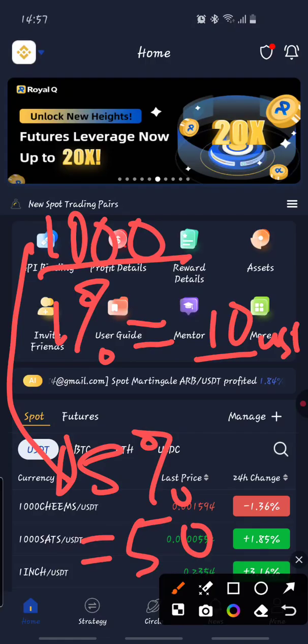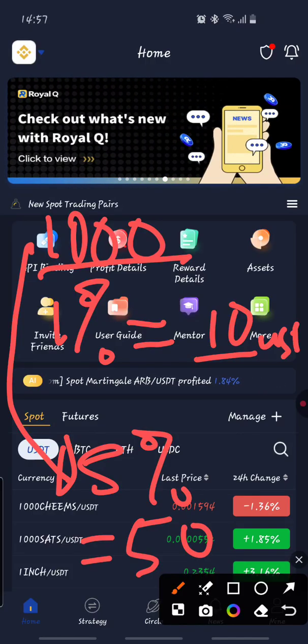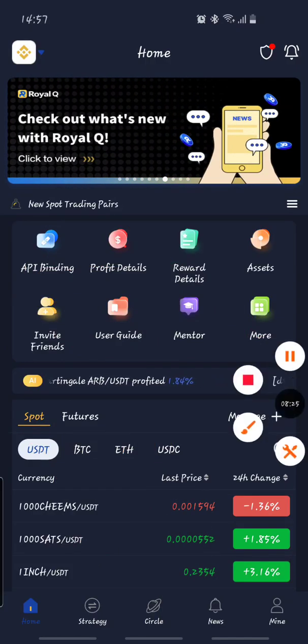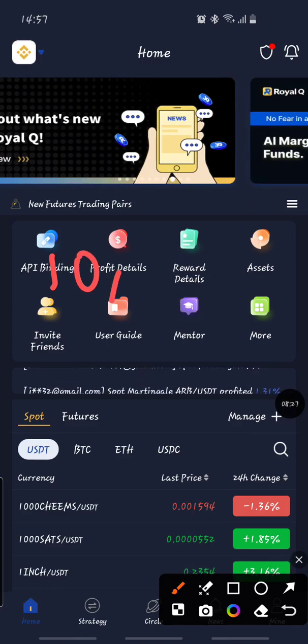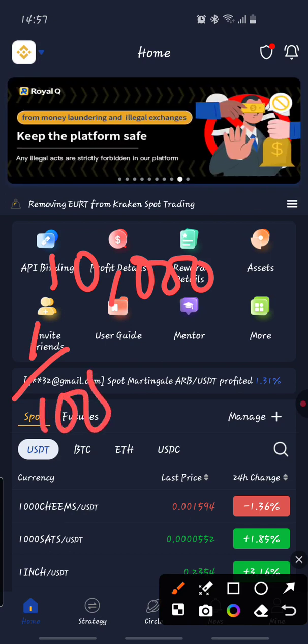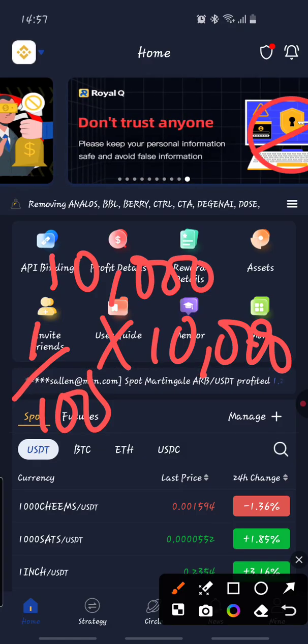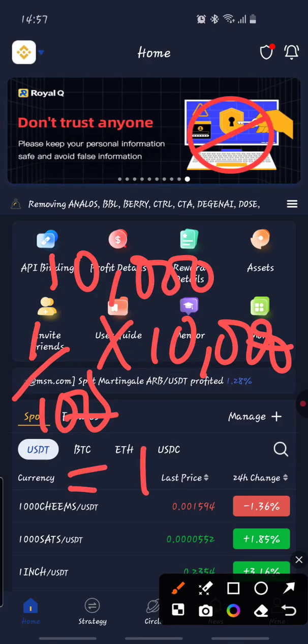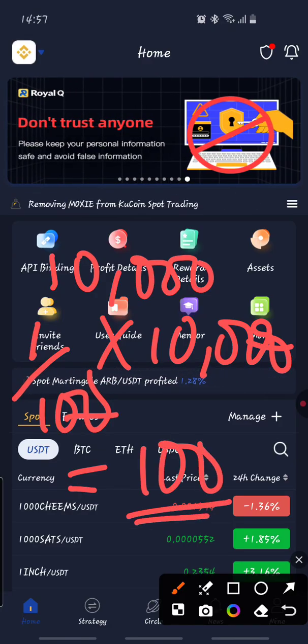However, there's someone who has capital of about $10,000. That means if this person makes 1% of this $10,000, theirs will be $100 as profit.